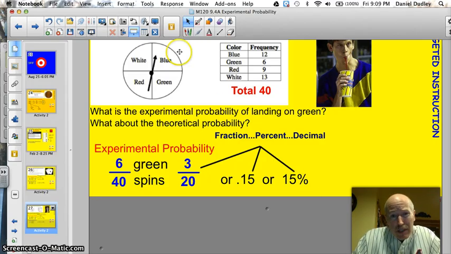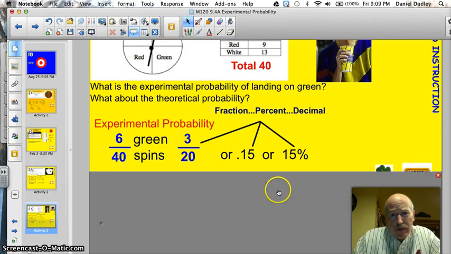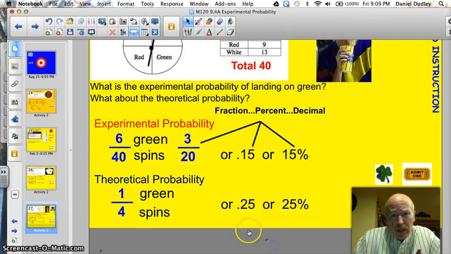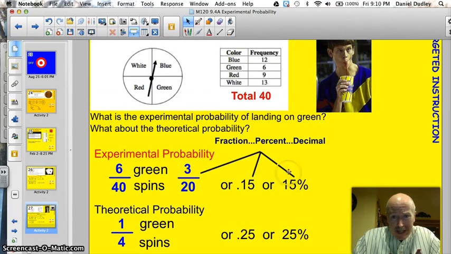Well, when you look at the spinner, you can kind of tell. There's 4 equal areas, right? So theoretically, he should have hit a green 1 out of every 4 spins. So 0.25 is the theoretical probability, or 25% chance of getting it. So he did not do as well experimentally as we predicted theoretically.